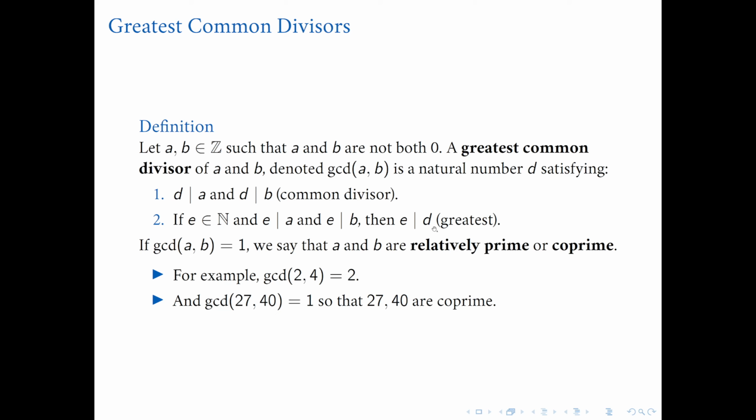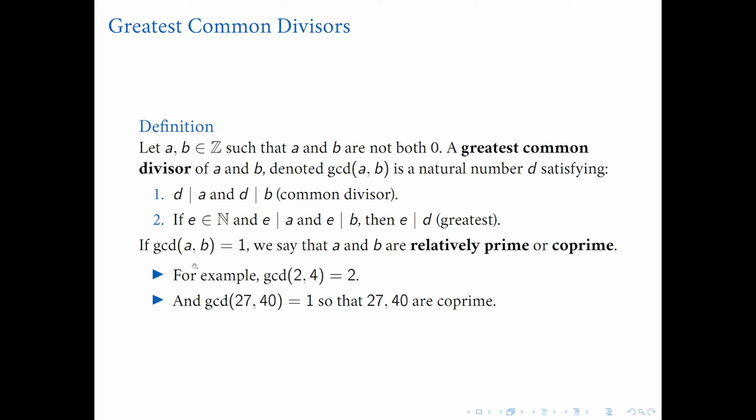Now we could use the less than sign, but it turns out it dividing d is a better way of capturing that it's smaller, and it's actually equivalent. But anyways, this is how we're going to define greatest. If we have any other divisor, it divides the biggest one.